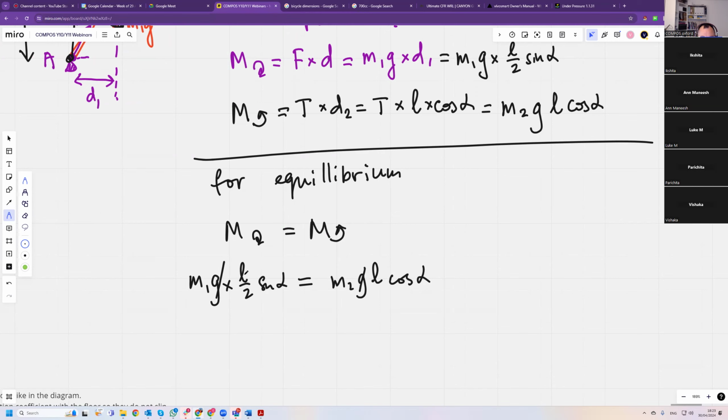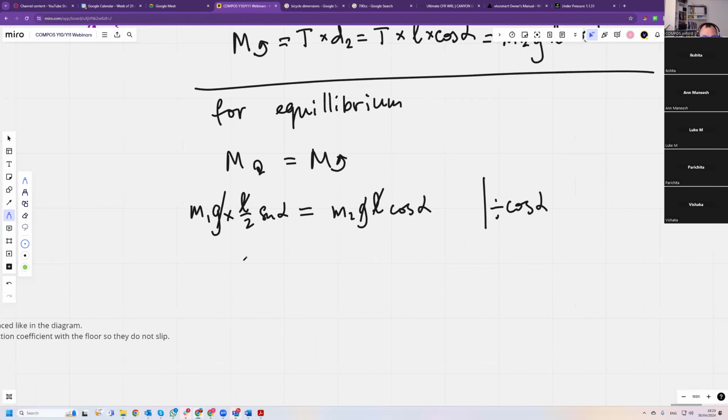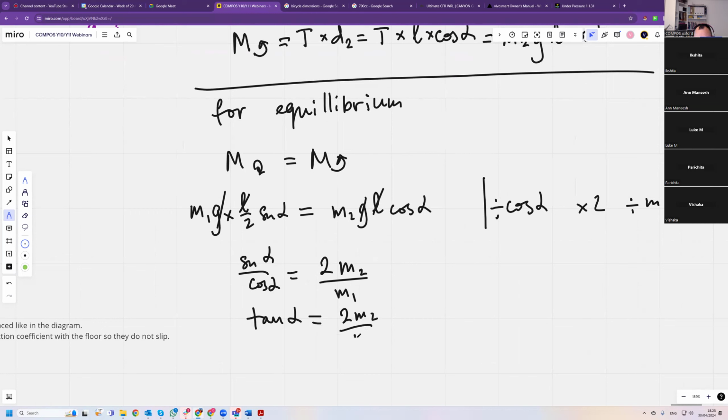G cancels, L cancels, dividing by cos alpha, we get sine alpha over cos alpha equal M2. Now multiply by 2 and divide by M1, and that means that tan alpha is equal to 2M2 over M1.